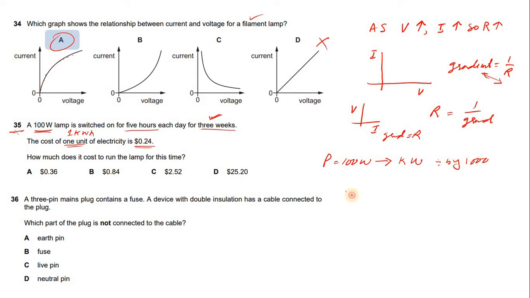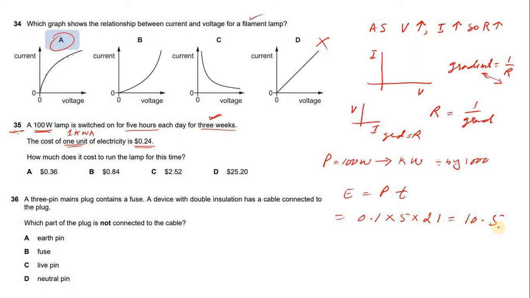And you know that energy is power multiplied by time. So power is 0.1 times time, and time is 5 hours each day for 3 weeks. That means 21 days. So your answer will be 10.5.